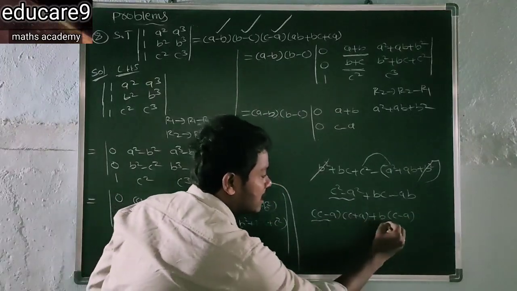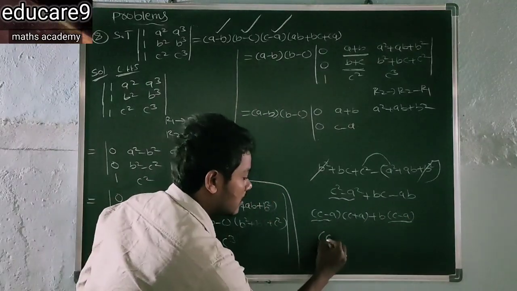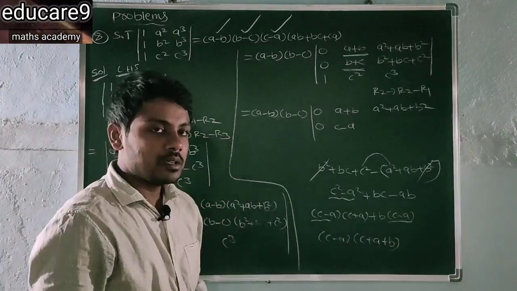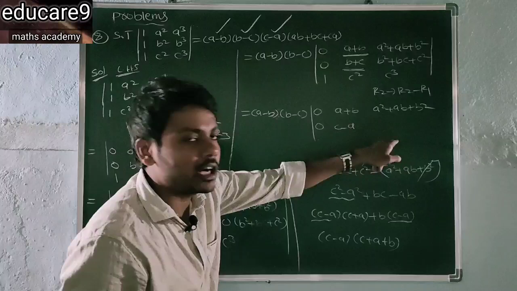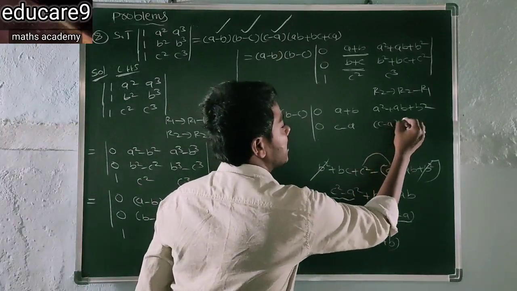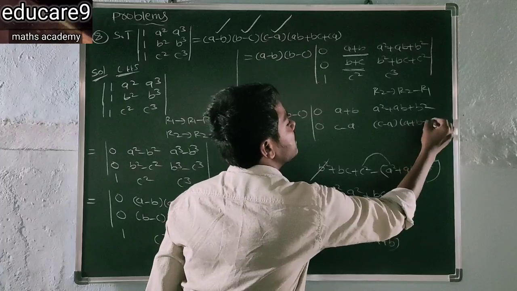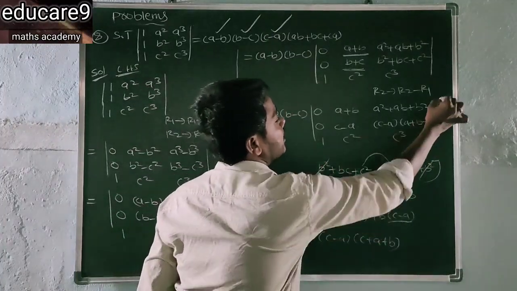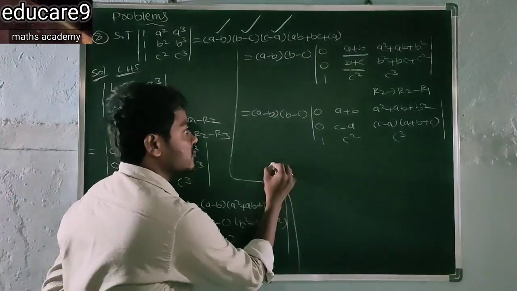Now C minus A is common, you will get C plus A plus B. So clearly second row third column element is what? C minus A into A plus B plus C, and this is 1, C square, C cube. Now again this is what?